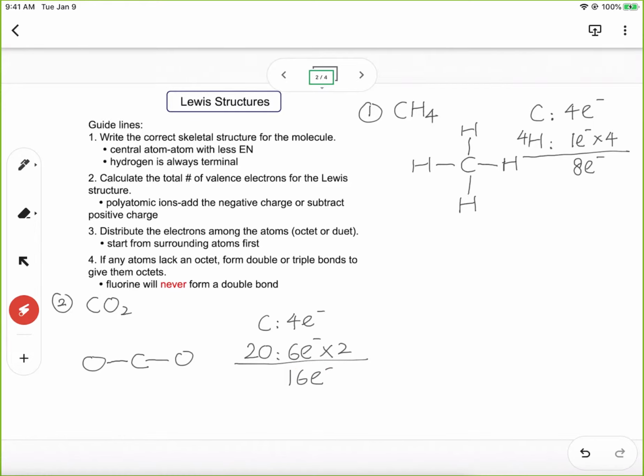So let's go to step 3, distribute the electrons to make those atoms satisfy octet rule. Well, like we mentioned here, you start from the surrounding atoms first because oxygen has higher electronegativity, it likes electrons. It wants to get 8 electrons first.